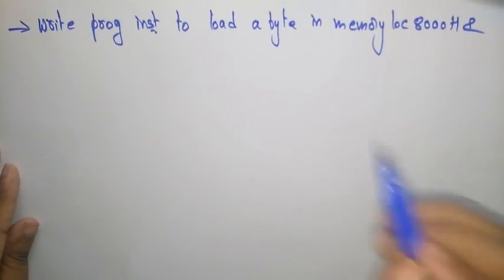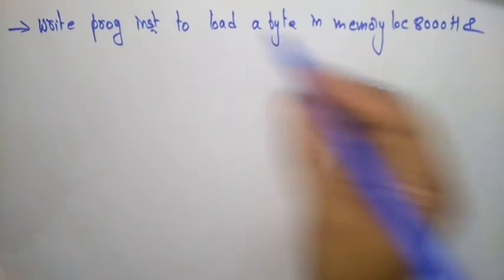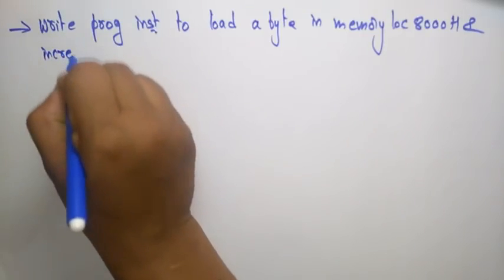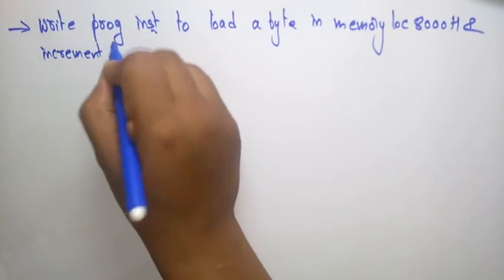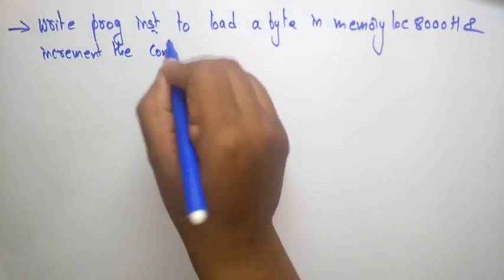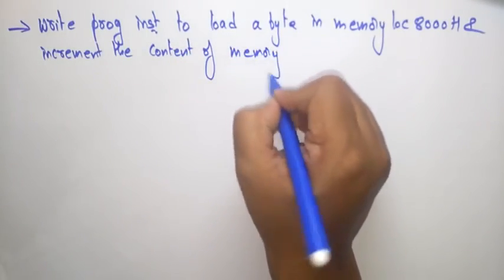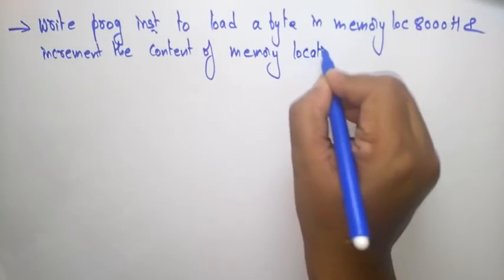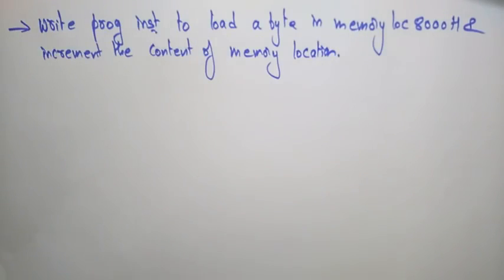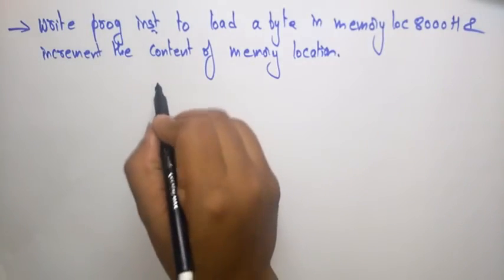After storing the data in the memory location, increment the content of the memory location. So whatever data I am storing in 8000H has to be stored first. After that, that data has to be incremented. So how is it possible? Let's see. For that you need to write the code.